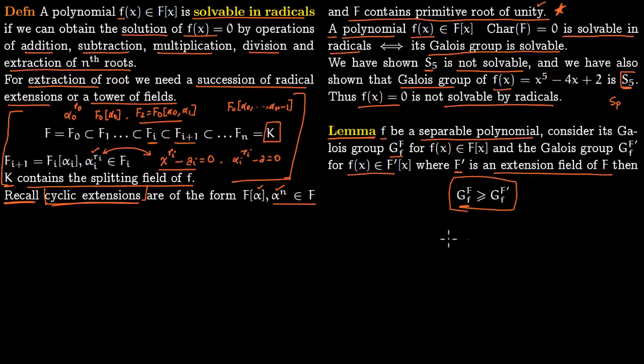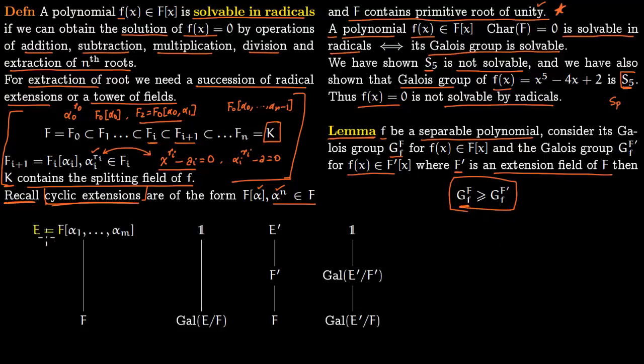So say you construct E by joining alpha 1, alpha 2, all the way to alpha m to your base field F. So what are these elements? These elements alpha 1, alpha 2 all the way to alpha m are roots of our polynomial f, and these are roots of f in the splitting field, say E prime, which is over F prime.